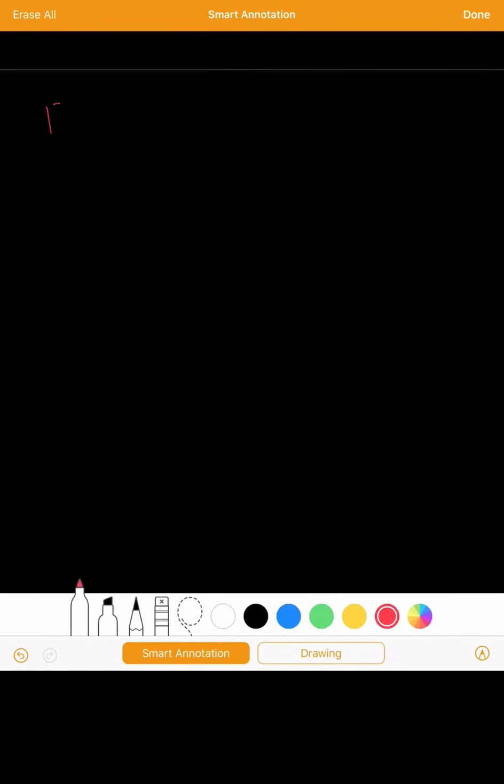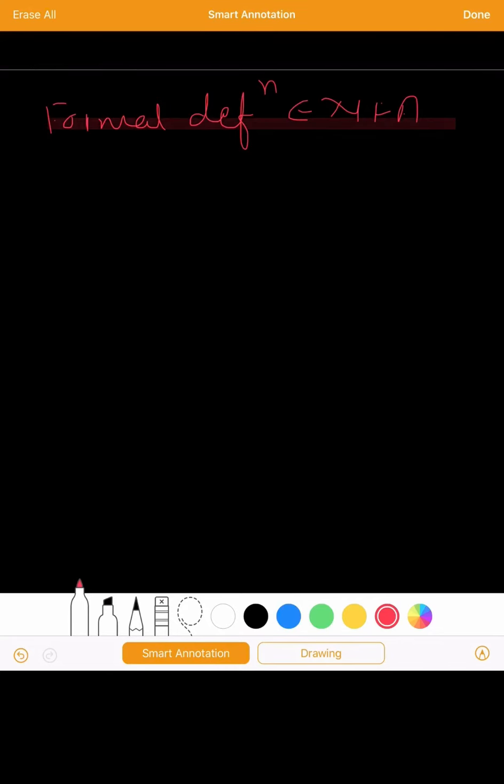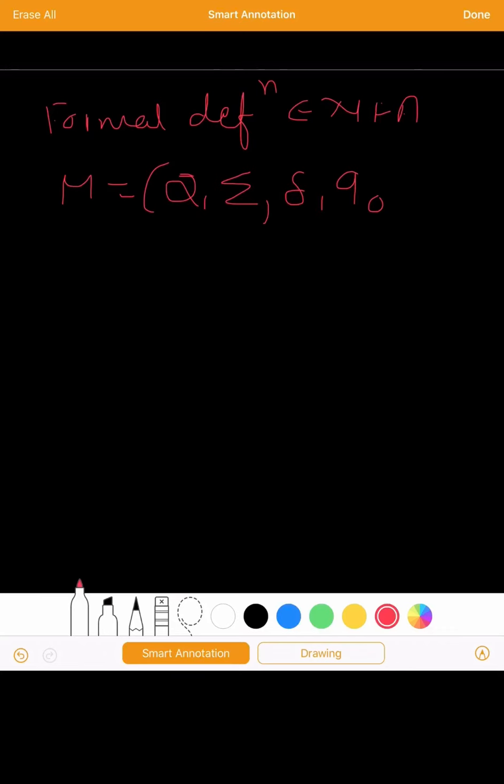So formal definition of epsilon NFA, it also has 5 tuples: Q, sigma, delta, Q0 and F, right?